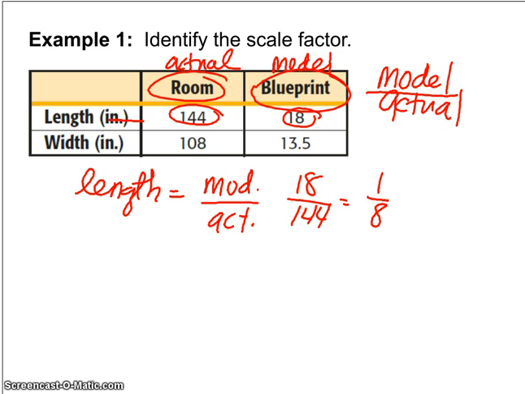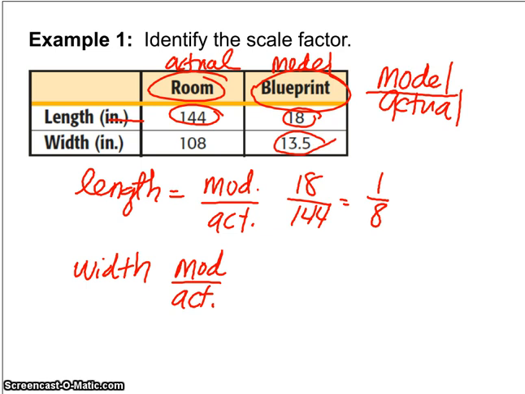Let's just double check the width as well. The width, once again, we use model over actual. The model's width, grab another color here, is 13.5 over the actual width, which is 108.